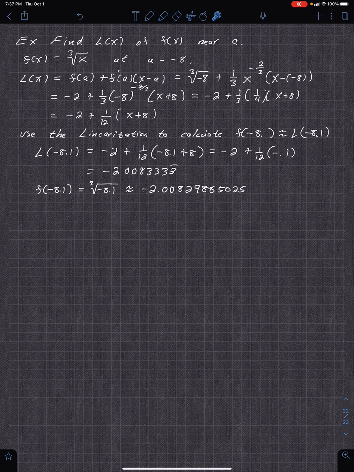So we can see that this is very accurate to basically 4 decimal places. So for most purposes, kind of back in the day when this was done, that would have been pretty good if you wanted to do that calculation.